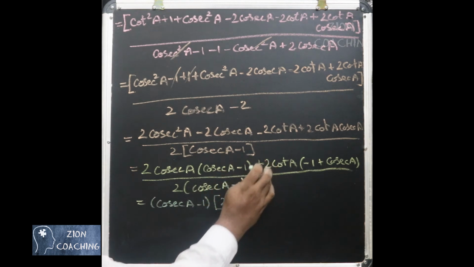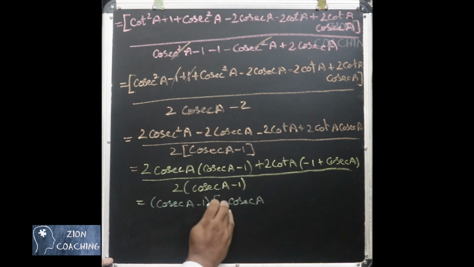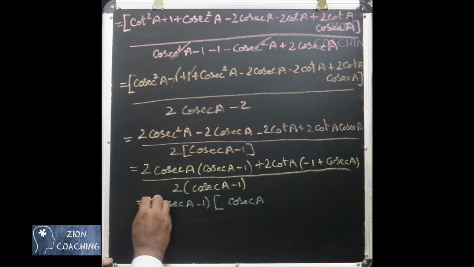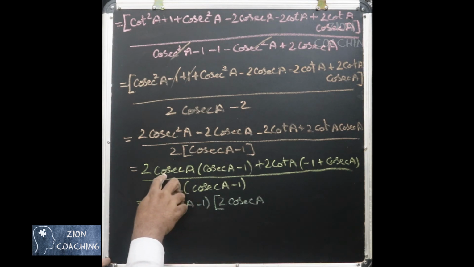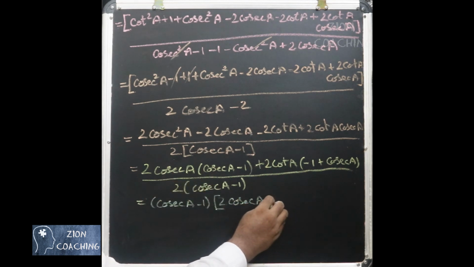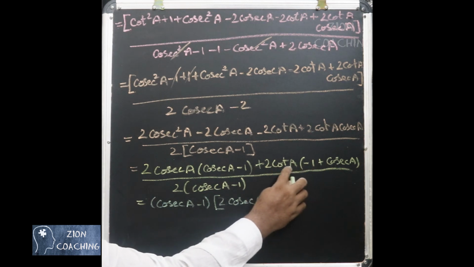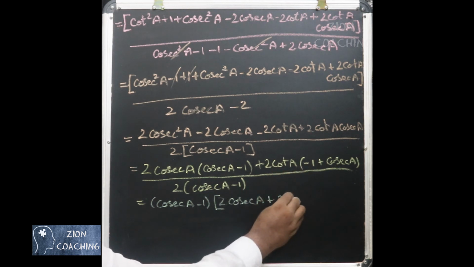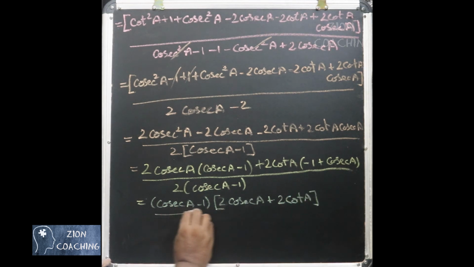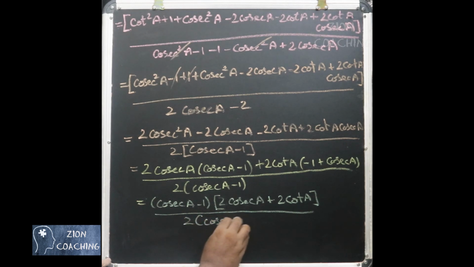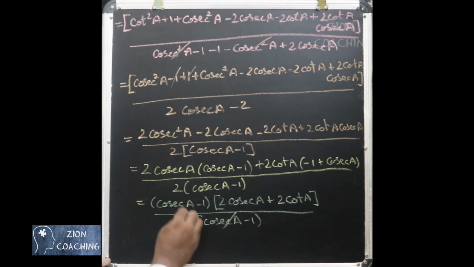So 2 can also be commonly taken out, or we will do that even in the next step to avoid confusion. So we have 2 cosecant A, and in the second term here we have 2 cot A, divided by 2 into cosecant A minus 1. This cosecant A minus 1, cosecant A minus 1 will get cancelled.